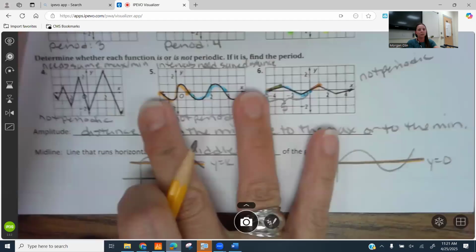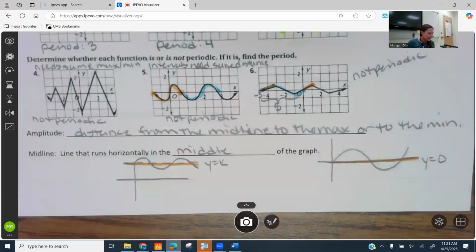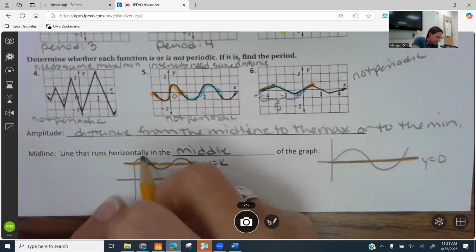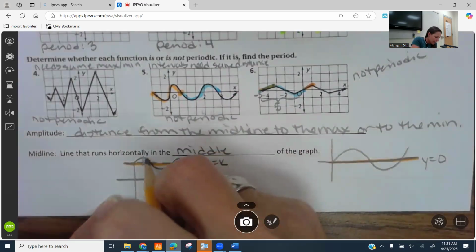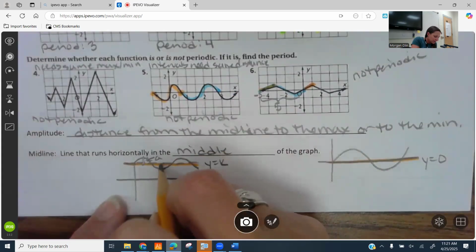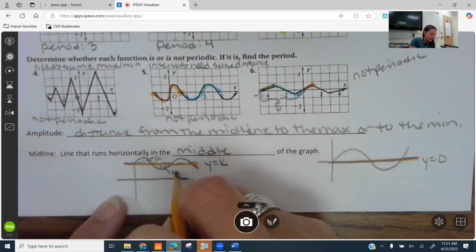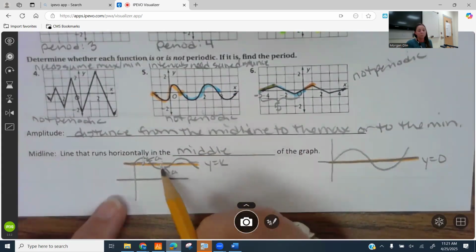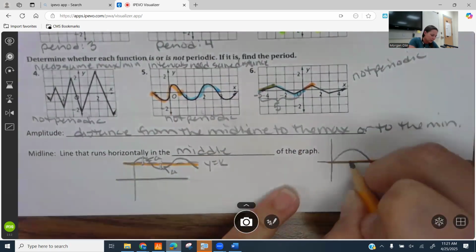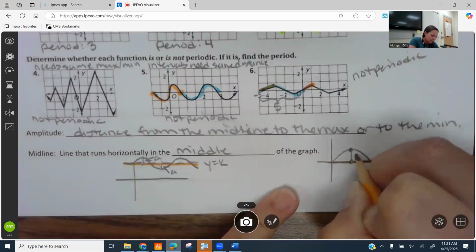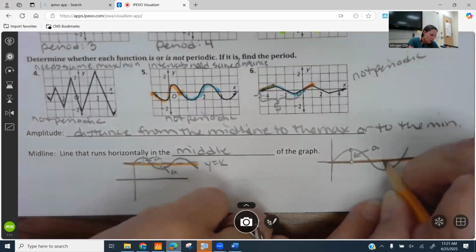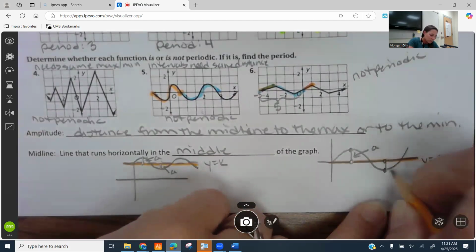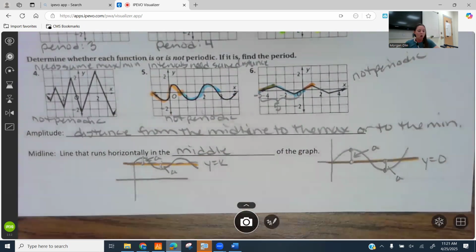Amplitude is always positive. So that distance, like right here, whatever that distance is, I'll call it A. Same thing here, this would be A, the distance from your midline to your min. And the same thing here. Here's my midline. This would be our amplitude whenever we count it, and you'll see us do it in a second. Or you can go from your midline to your min. That could also be your amplitude or your A value.